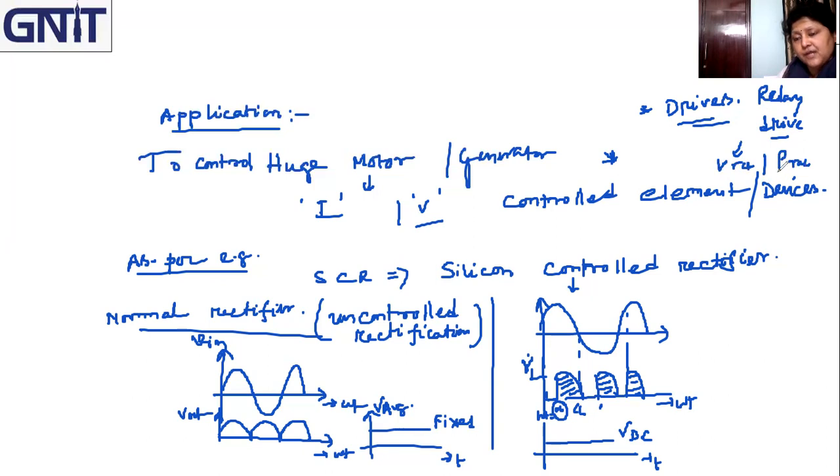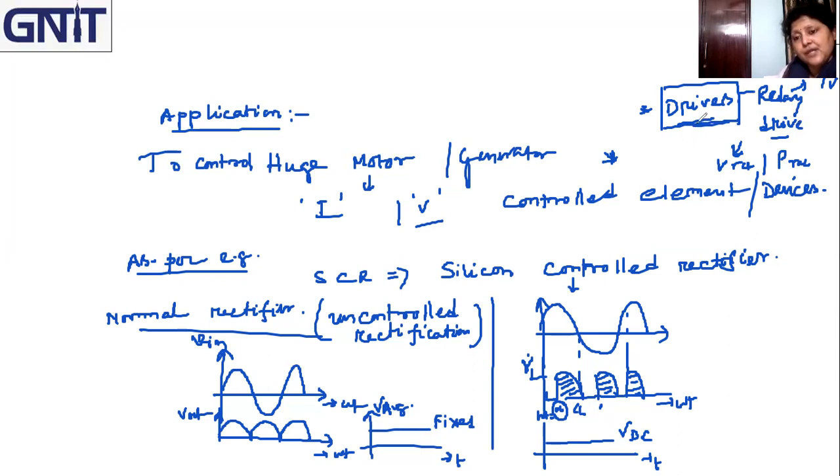The relay operates with a very small DC voltage, suppose a 6 volt or 7 volt relay, and it drives the motor. So there should be a driver network, which provides boosting of current or voltage. Then the relay can drive a particular motor or generator.